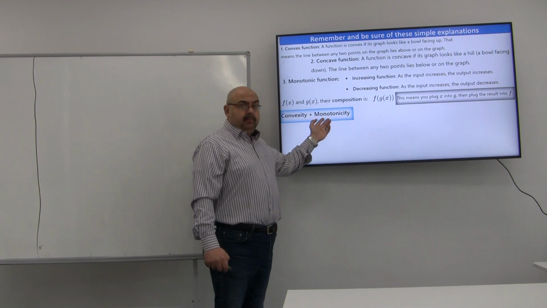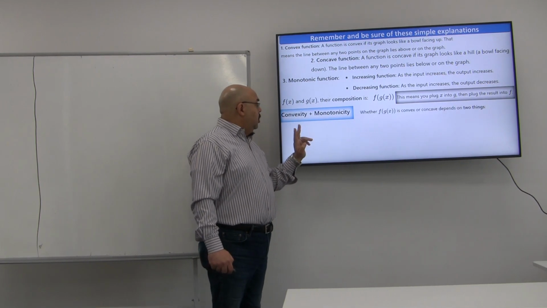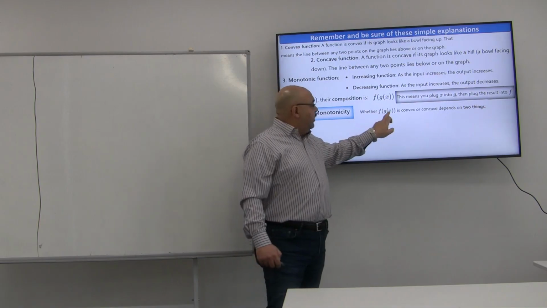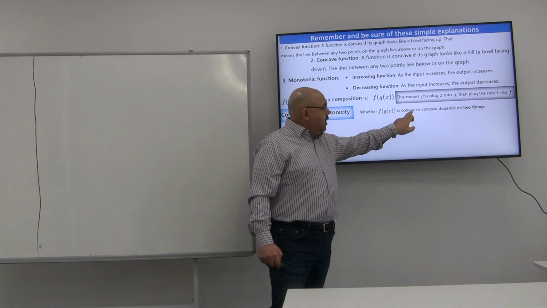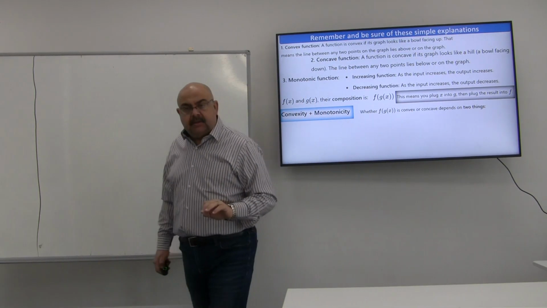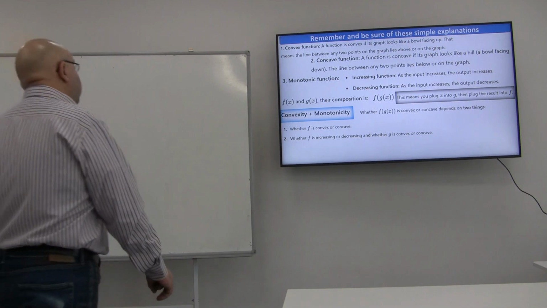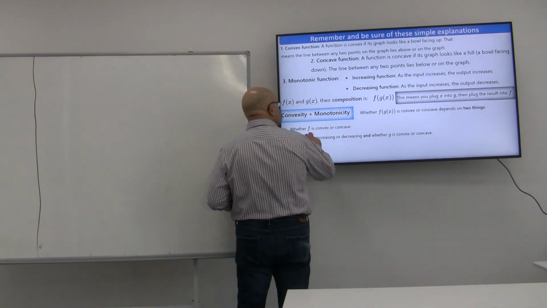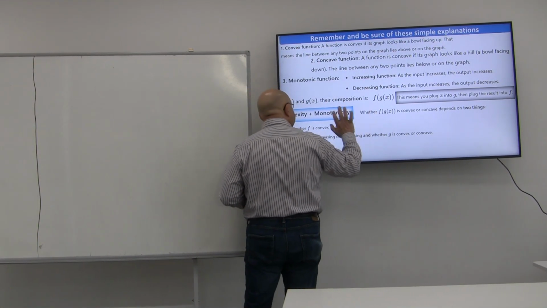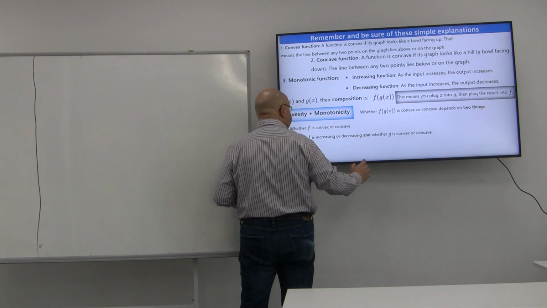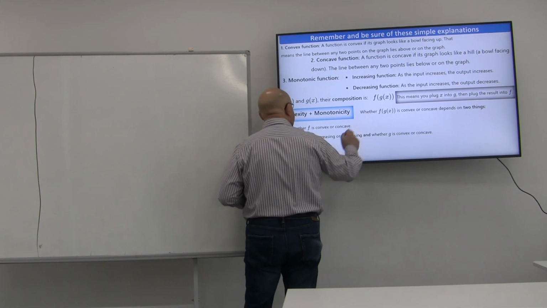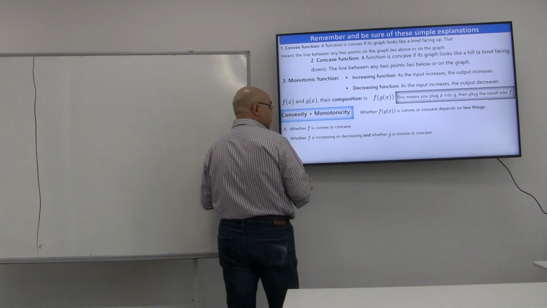Convexity and monotonicity, both together. Whether f of g of x is convex or concave will depend on two main properties, as you will see. Whether f, the outer function, is convex or concave, and also whether the outer function is increasing or decreasing.